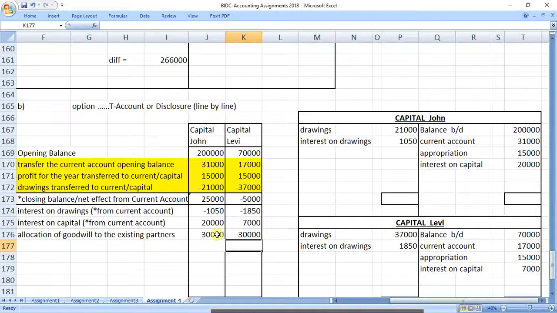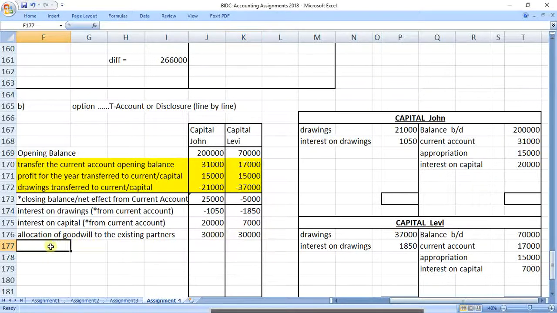Okay, so half for John, half for Levy, and now we've allocated the goodwill. Each partner needs to share in the splitting of goodwill. Okay, they said prepare the capital accounts of the partners to record that.